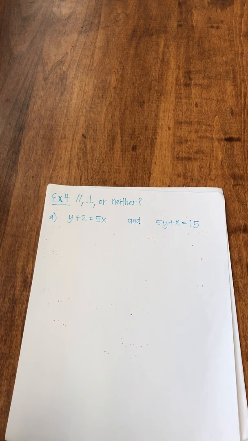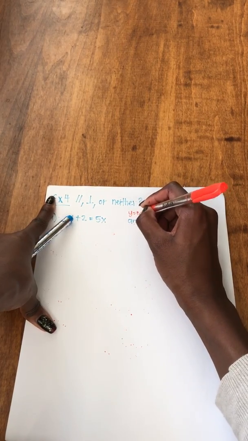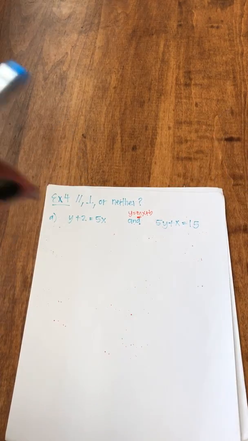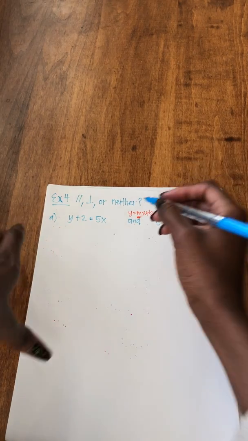So the first thing that we need to do is figure out what our slope is. And with these equations, it would be easier if we set it up into slope-intercept form, right? So if we get it into the form y equals mx plus b, we'll be able to tell what our slope is easily because it's our m, right? Okay, so that means we need to get y by itself.